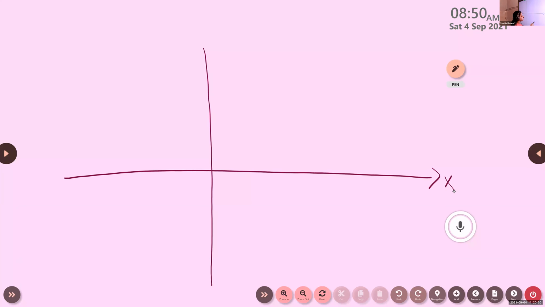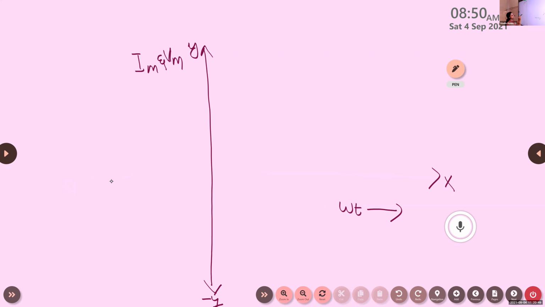Along the x-axis, we take the phase angle omega t. And along the y-axis, we have the value of current and that of the potential. So we can take Im and Vm. Here we have the negative y-axis, negative Im and negative Vm.